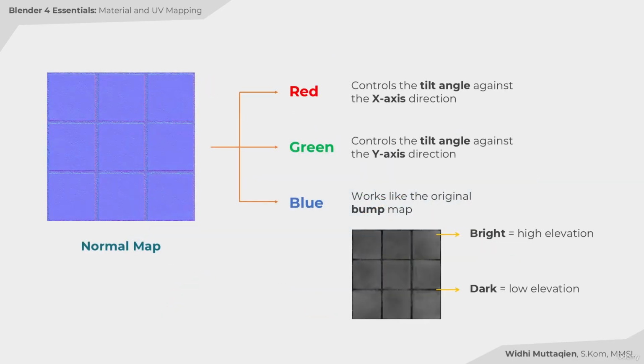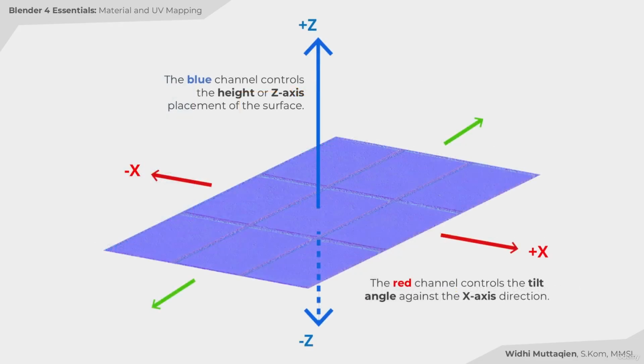The red channel is used to define the surface tilting against the x-axis direction. High values mean that the surface is tilting towards the positive x-axis, while low values mean it is tilting more towards the negative x-axis. As for the green channel, this channel works exactly like the red one, but in the y-axis direction. So higher values mean facing towards the positive y-axis, and lower values mean facing towards the negative y-axis.